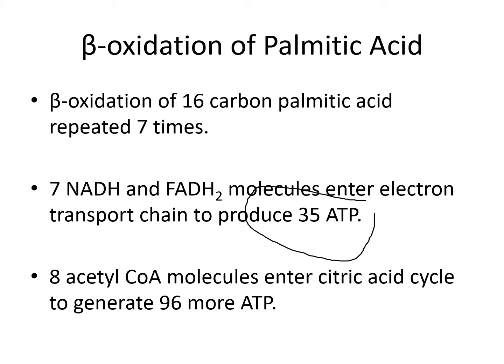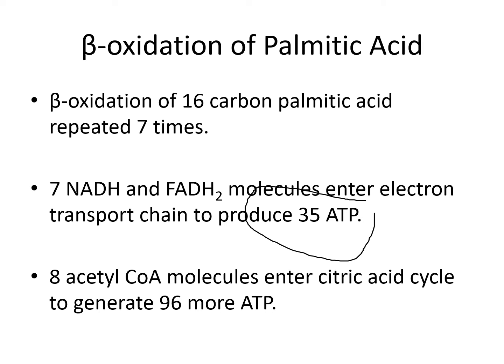Now remember, in the citric acid cycle, there are 3 NADH produced, 1 FADH2 produced, and 1 ATP produced. So for each of the 3 NADHs, this occurs 8 times, so 24, and we get 3 ATPs each. So 24 times 3 equals 72 ATPs.